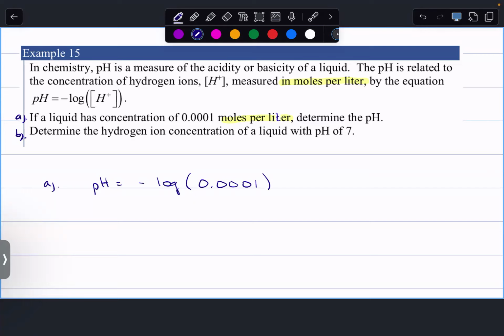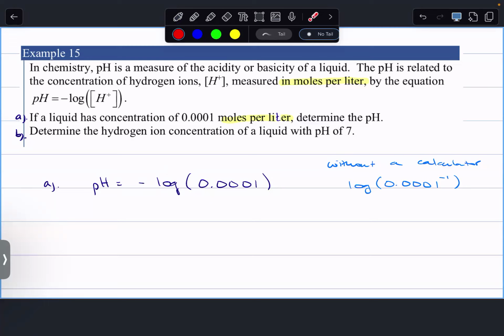How? I'll do a little side calculation. It's kind of tricky, but we can do it. You can have the log of 0.0001 to the -1, by the reverse exponent property. This -1 is being multiplied, so I can bring it upstairs.